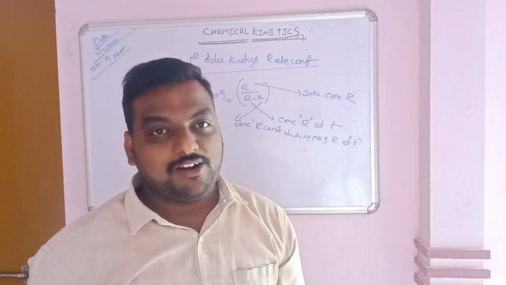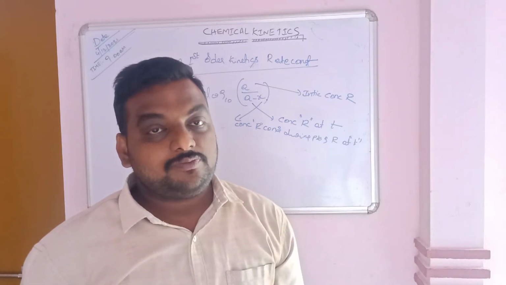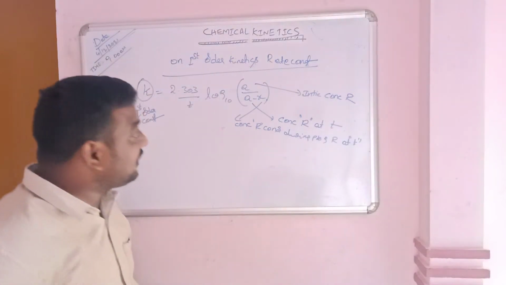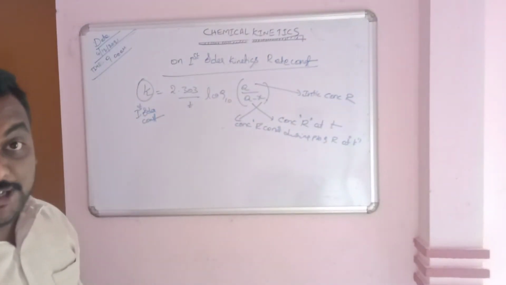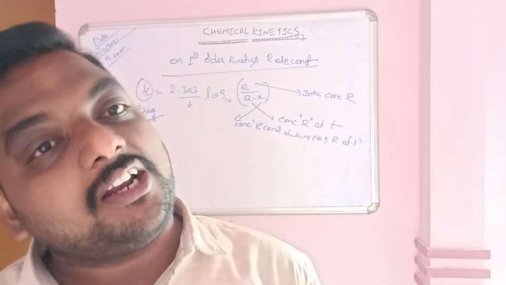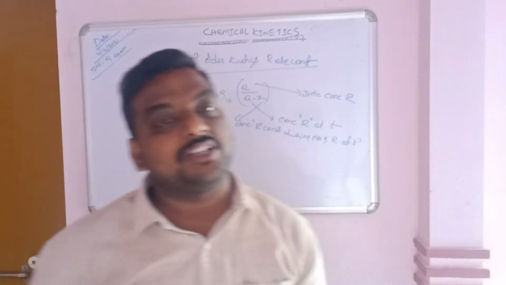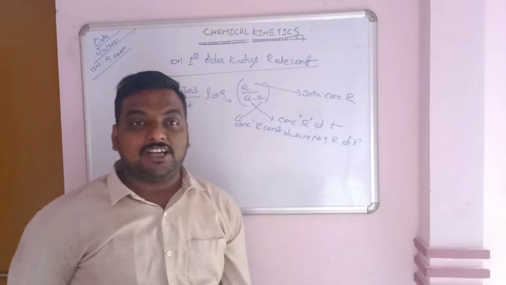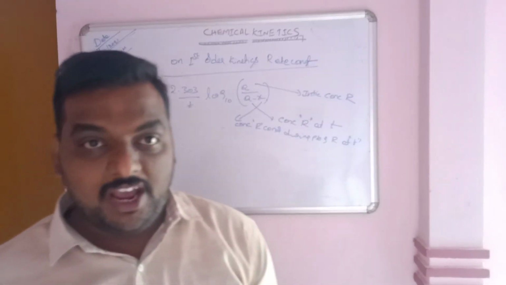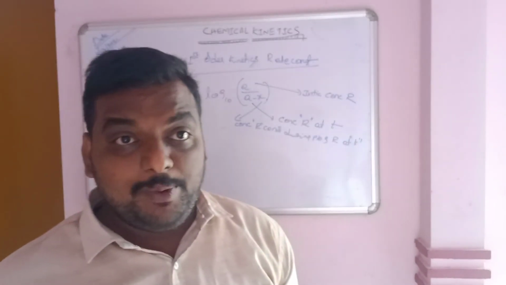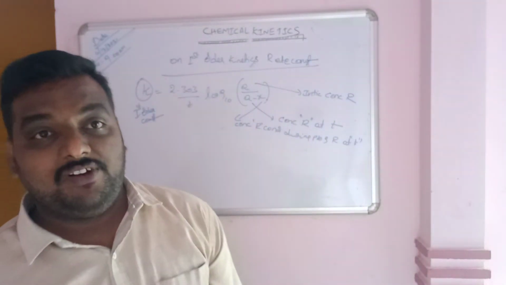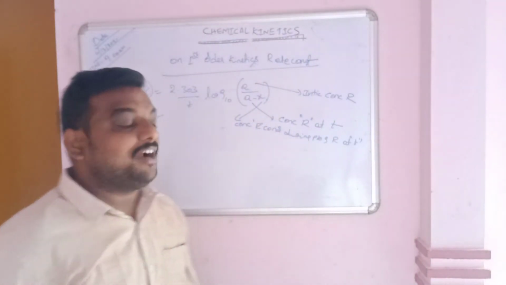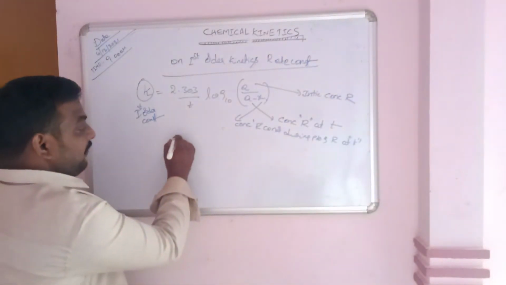We know the first order rate constant in terms of concentration, but we don't know the first order rate constant in terms of pressure, optical rotation or volumes. But there will be a relationship between pressure and concentration.